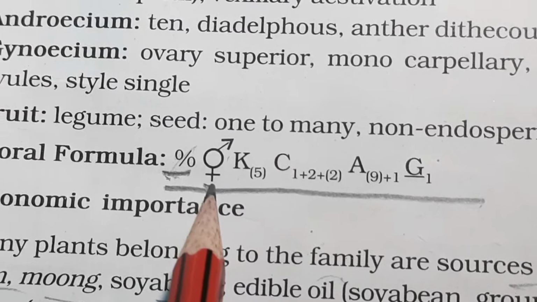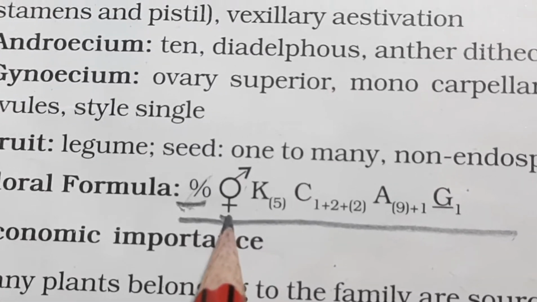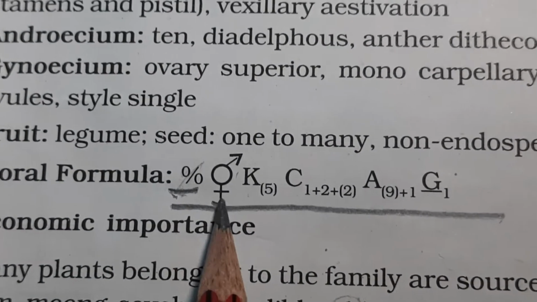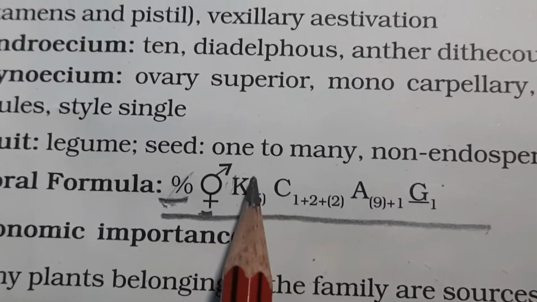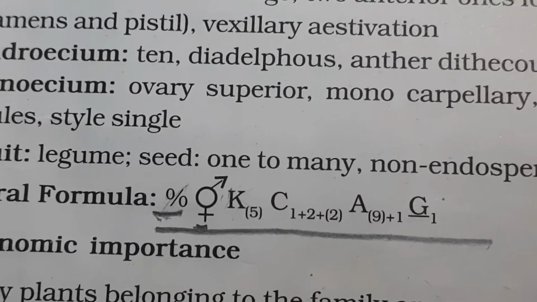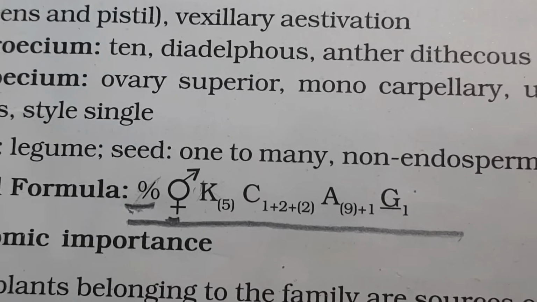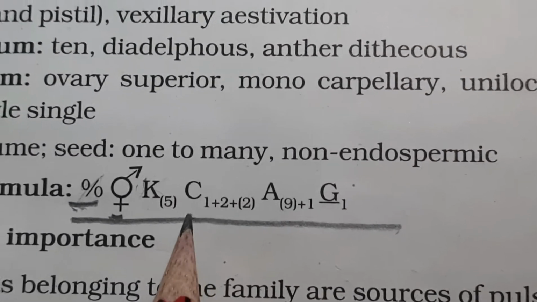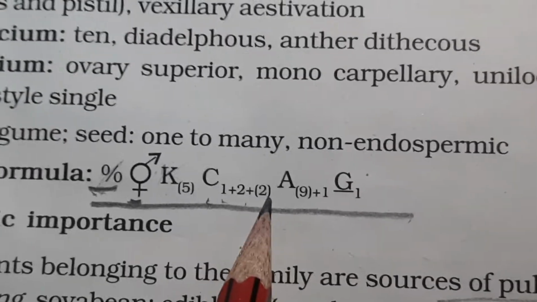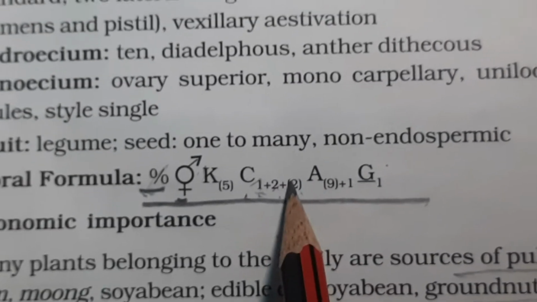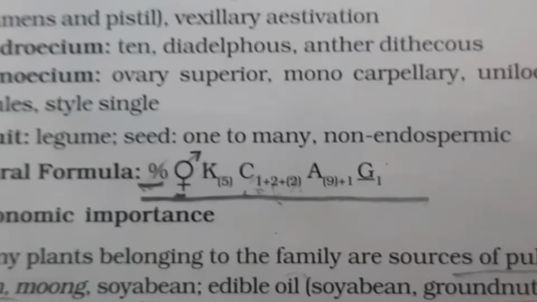This is a bisexual flower. Obviously it has both androecium and gynoecium, that's why it is a bisexual flower. Calyx means the sepals. It has 5 sepals which are united. I'm going to show you this. And it has 5 petals, 1 plus 2 plus 2. 1 is solitary, which is the standard one, 2 are free, which are the wings, and 2 are united, which are the keel.